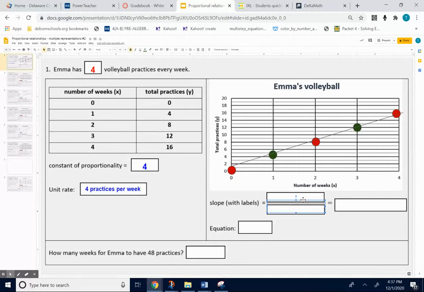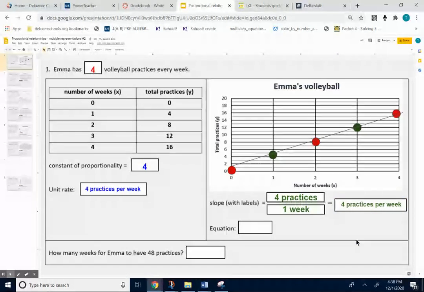So my rise is I'm going up 4 practices, then I'm going over, I'm running 1 week. So reduce that, or simplify that. 4 divided by 1 is 4. 4 practices per week. And we've seen that before somewhere, right?